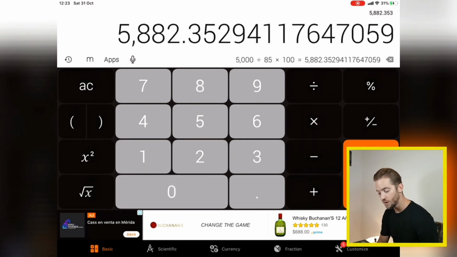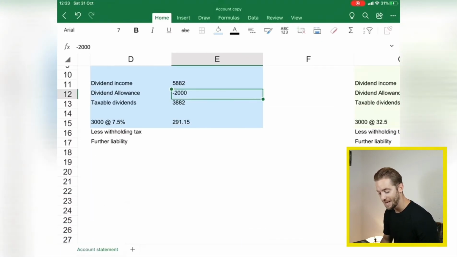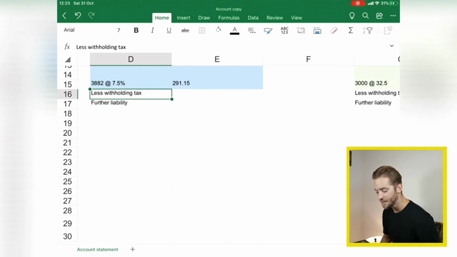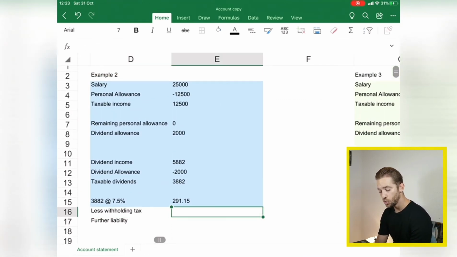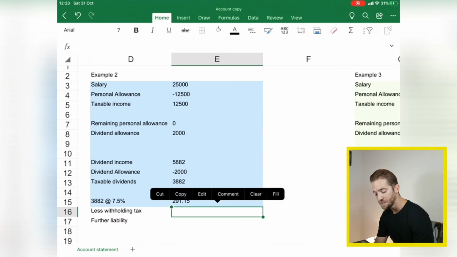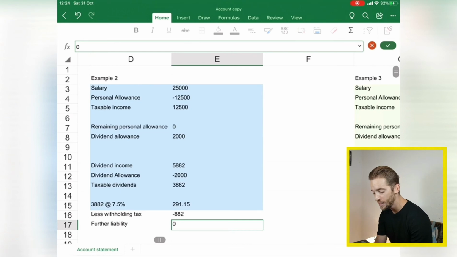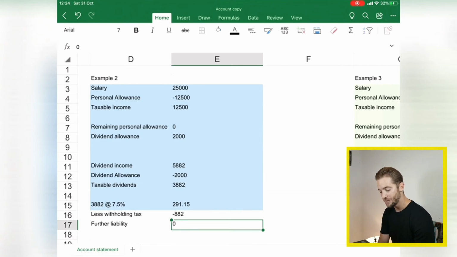You can still deduct your £2,000 dividend allowance from that, which will leave you with £3,882, taxable at 7.5%, which is a tax bill of £291.15. The £882 of withholding tax can be offset against this bill because the UK and the US have a double taxation agreement, which will reduce it down to 0. But unfortunately, the difference between £882 and £291 cannot be recovered.